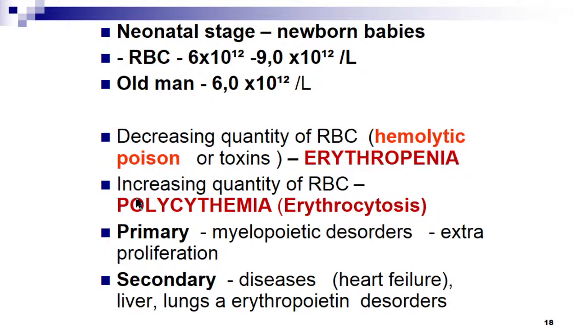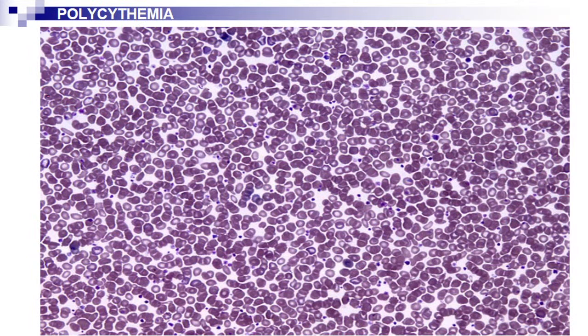This condition, polycythemia, is possibly primary, if we are talking about myelopoietic disorders, extra proliferation, and secondary, during diseases like heart failure, liver disease, lung disease, and erythropoietin disorders.